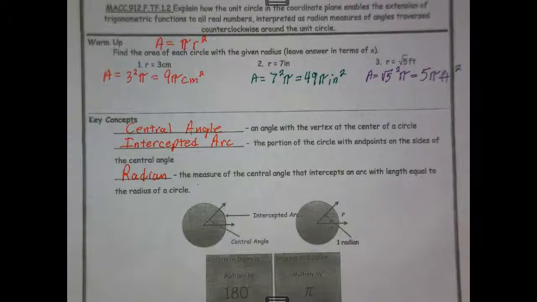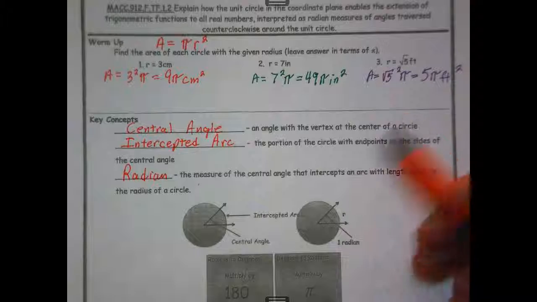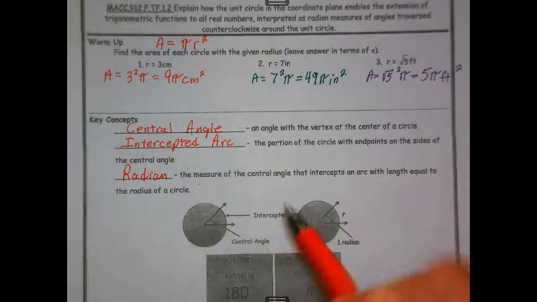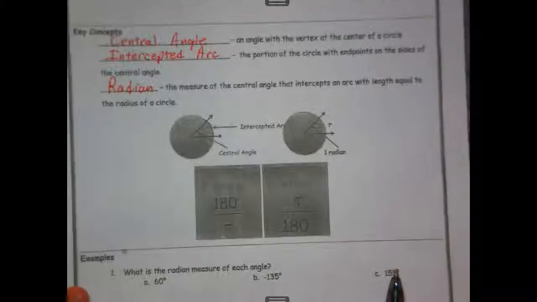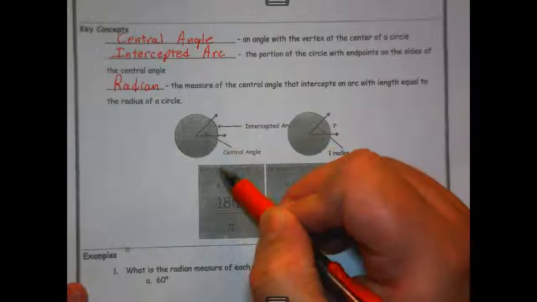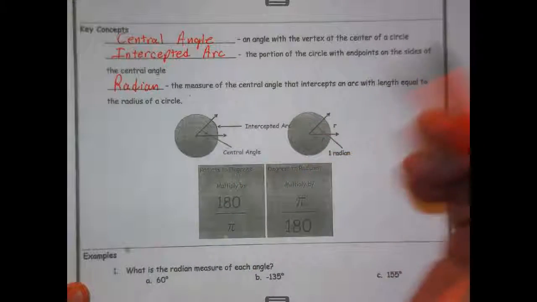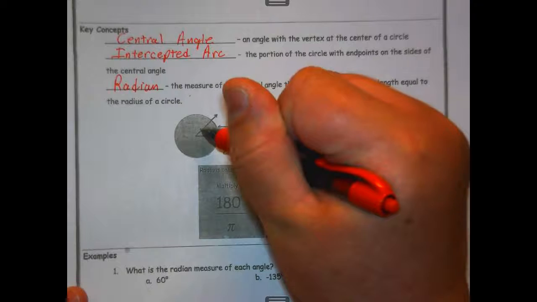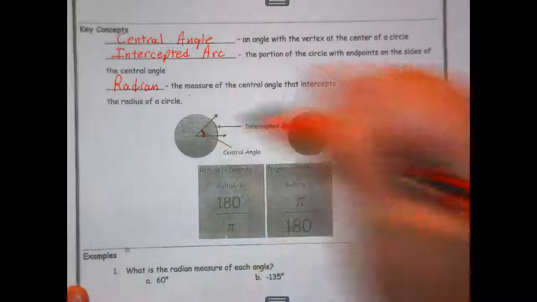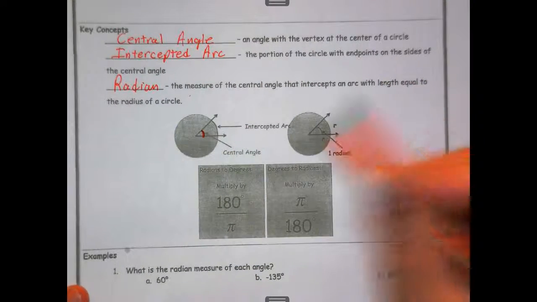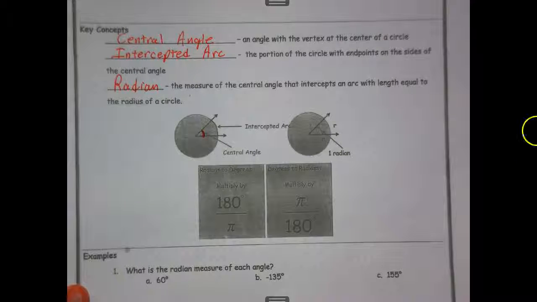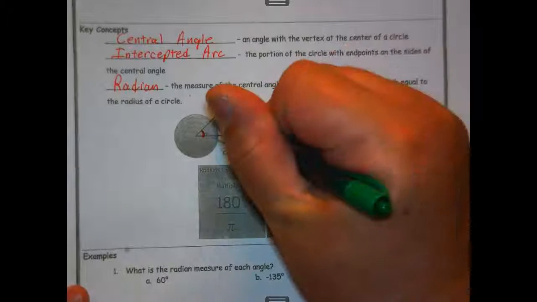I don't know if you can read this too much, so they give you a little diagram here. They give you a central angle. This is the actual angle, right? That's our actual central angle. This part is our intercepted arc.